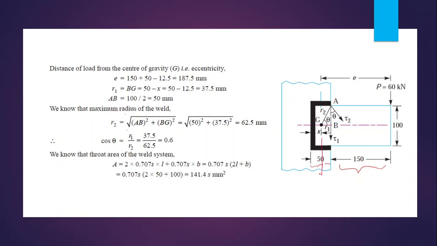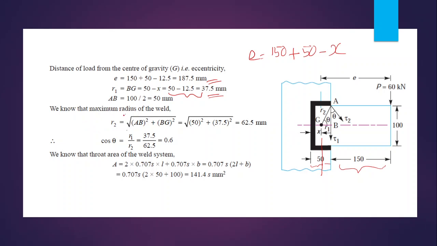If this distance is equal to x, then E is equal to 150 plus 50 minus x, that's equal to 187.5 mm. And R1 is equal to this distance, 50 minus x. R1 is equal to 50 minus x, that's equal to 50 minus 12.5, that's equal to 37.5.